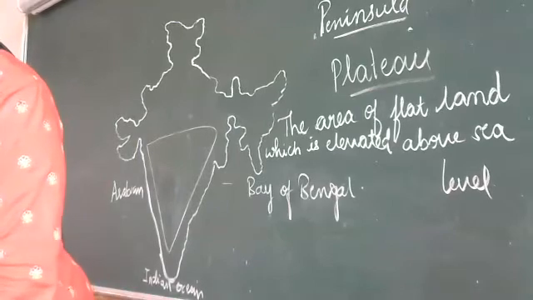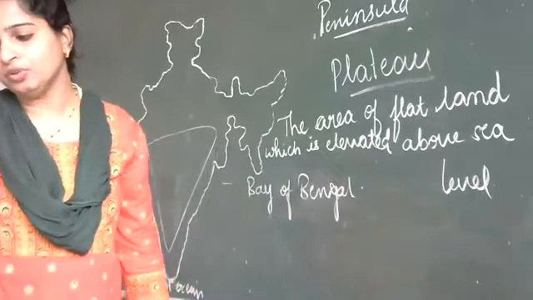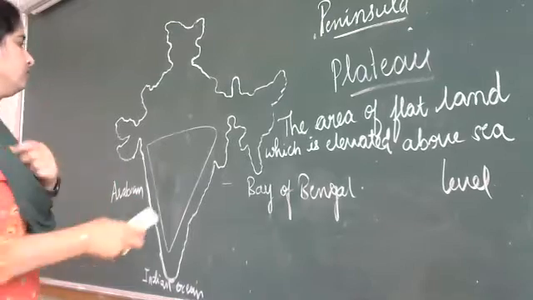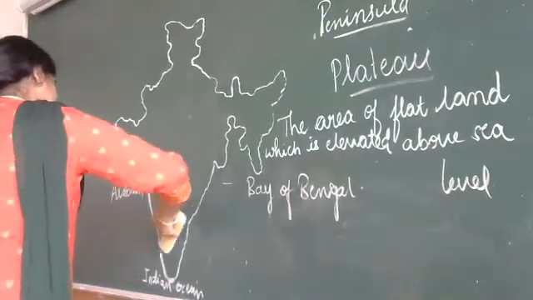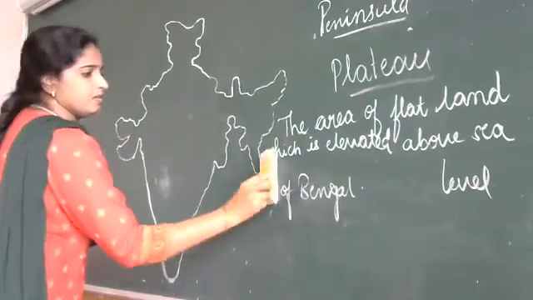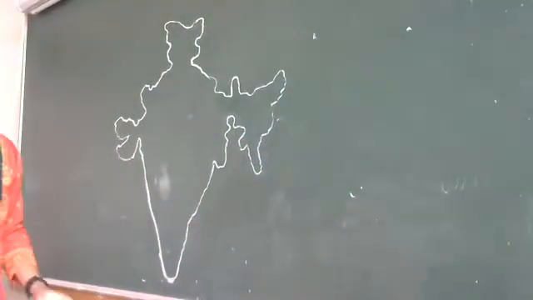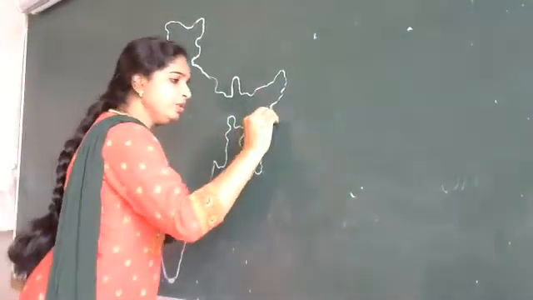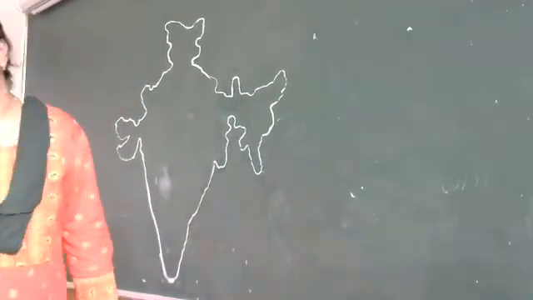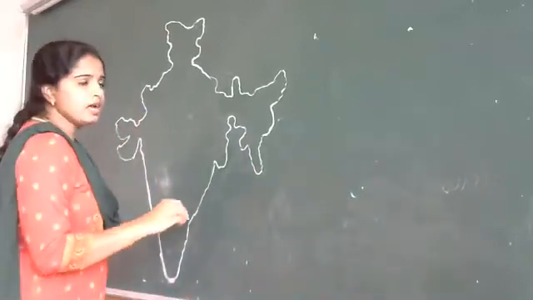Next, the peninsular plateau is divided into two parts: the Deccan Plateau in the south and the Central Indian Plateau in the north. Just a minute. The plateaus are divided into two main parts: the Central Indian Plateau in the north and the Deccan Plateau in the south.